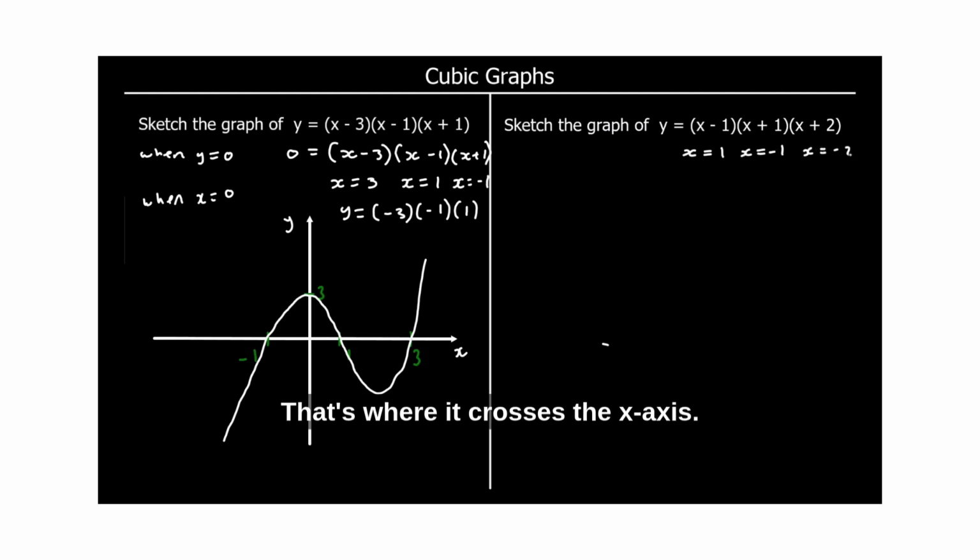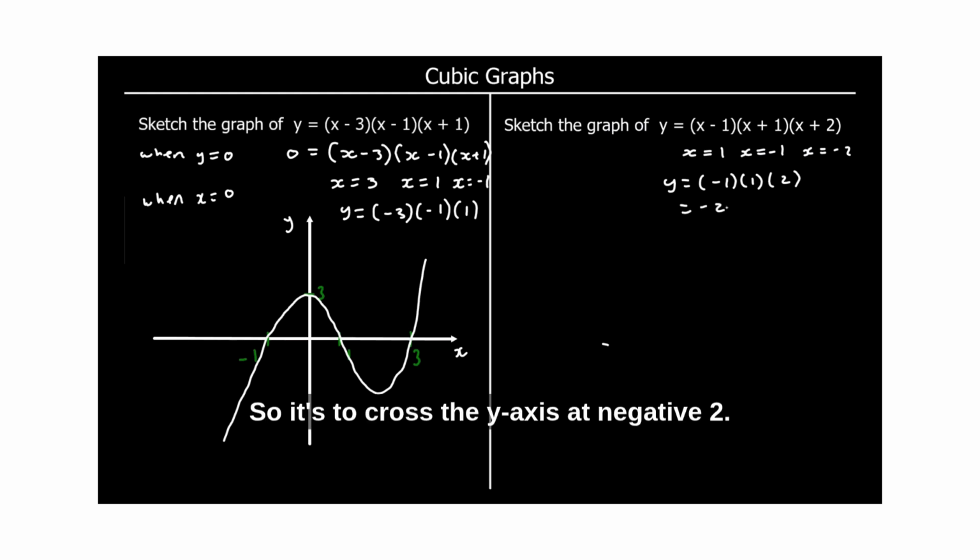That's where it crosses the x-axis. When x is 0, we'll have negative 1 times 1 times 2. A negative times a positive is negative. Negative 1 times 2 is negative 2. So it's going to cross the y-axis at negative 2.